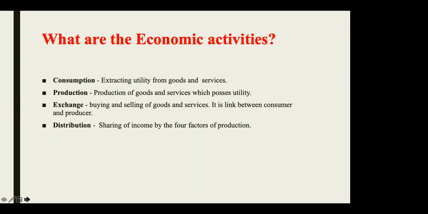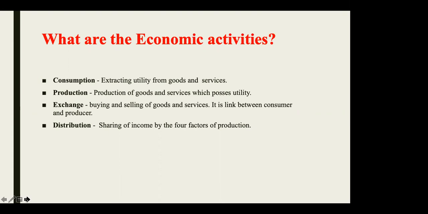What are the basic activities in economics? There are 4 activities: consumption, production, exchange, and distribution. Consumption is deriving utility from the goods and services which we got from production, and production is producing goods and services which possess utility, and exchange is buying and selling of goods and services.